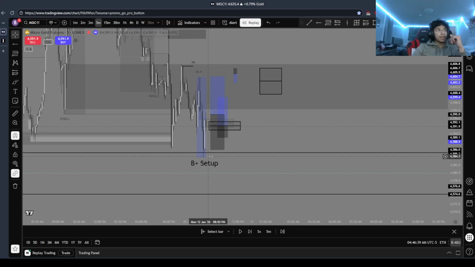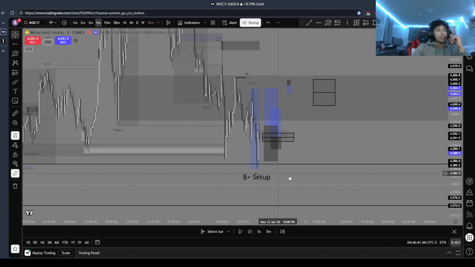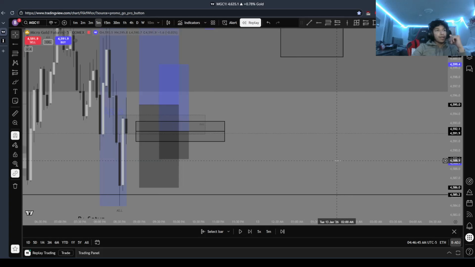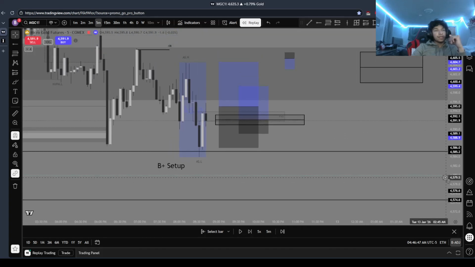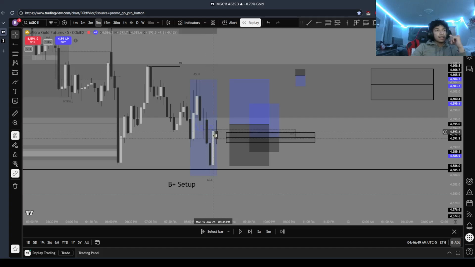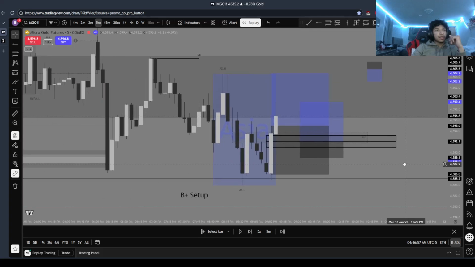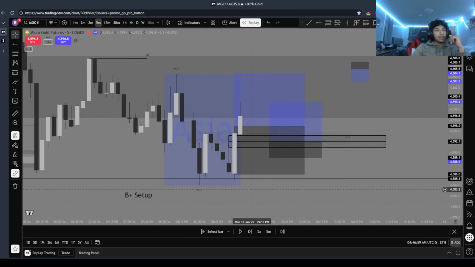Then this candle right here is where we sweep out that London low, and then we do get kind of an inverse right here with this candle. So this would have been your entry right here.